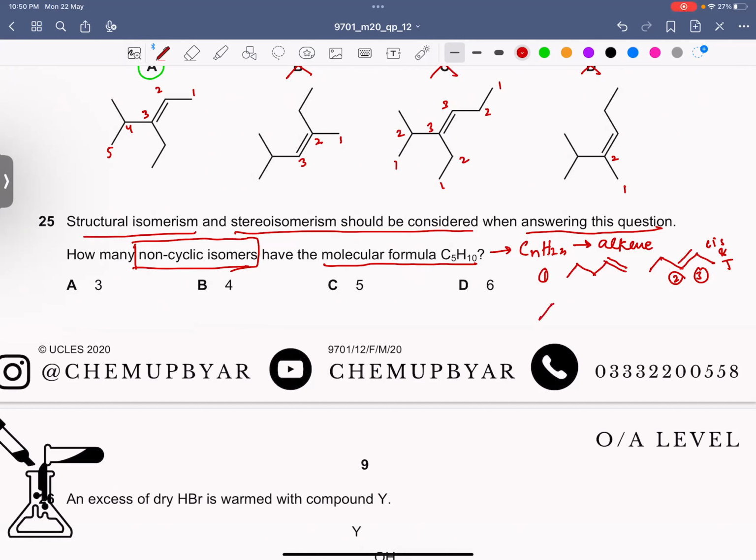Now what I can do, instead of making the 5 carbons in a row, I can make the 4 carbons in a row and a double bond over here, and a branch over here. So that can be my 4th isomer.